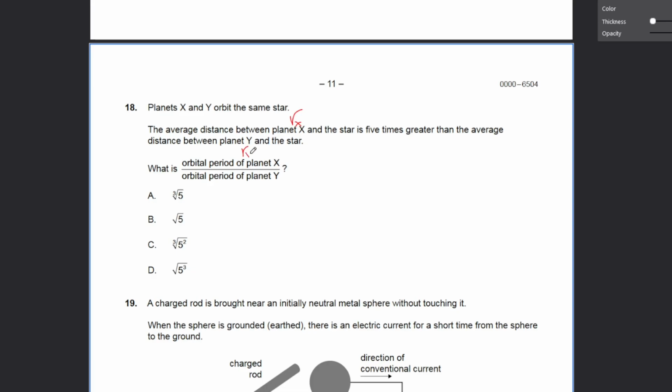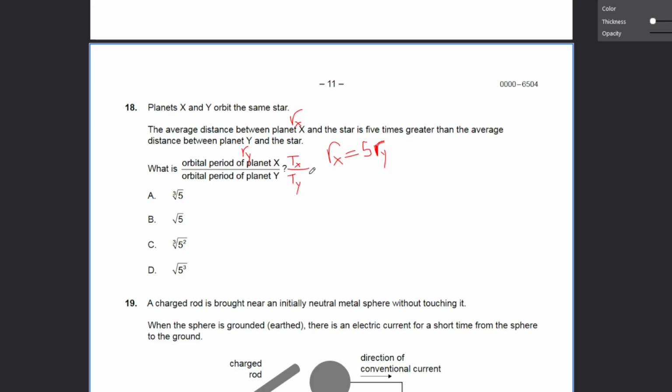I'll call that R sub Y. So we can say that R sub X is equal to 5 R sub Y. Now what is the orbital period of planet X over the orbital period of planet Y? So T sub X over T sub Y.